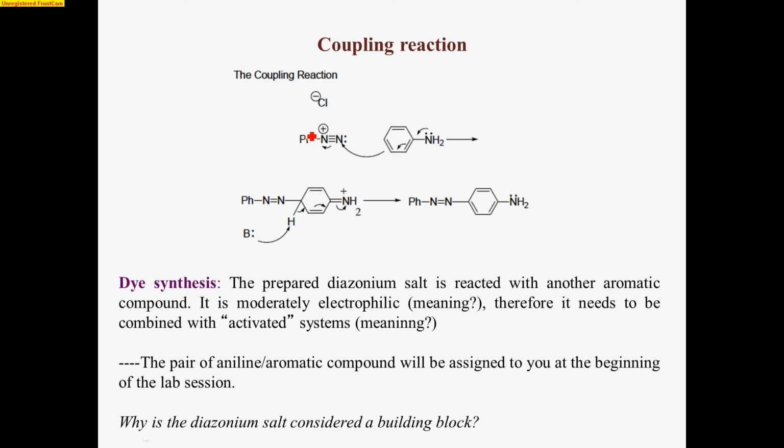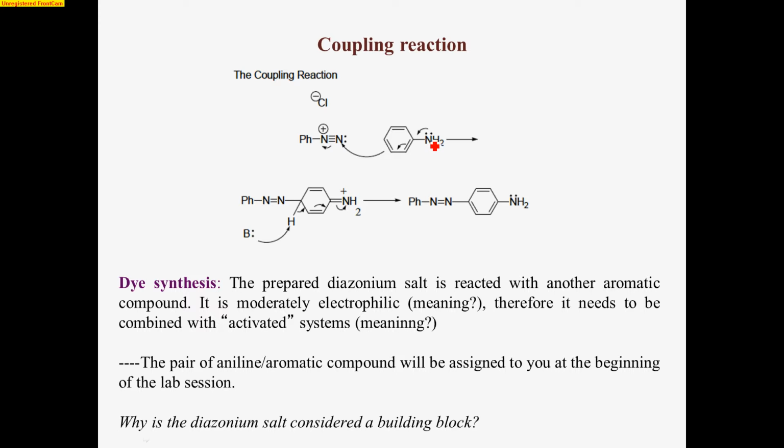So again, once we have our diazotized aniline molecule, we can take any activated aromatic system. Here we're showing that this aromatic system is activated with nitrogen in the form of an aniline, but really this activation can take any form.